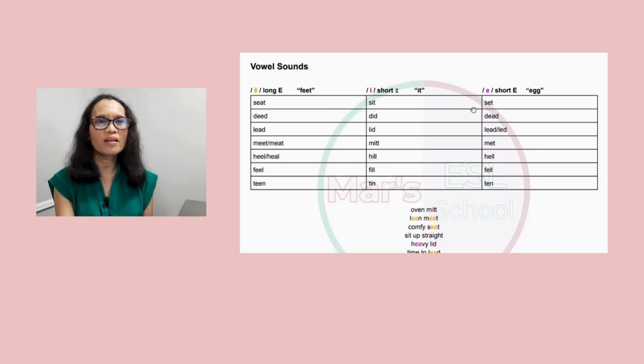The first one is seat. This one is tense. Seat, sit, set. And then we can keep going. For another example for the long E, deed, short I, did, dead.